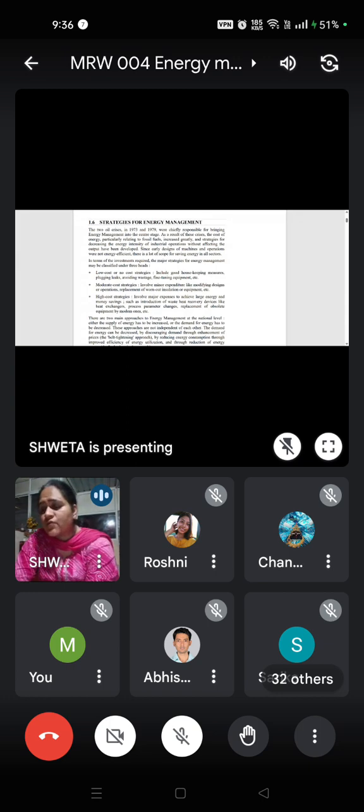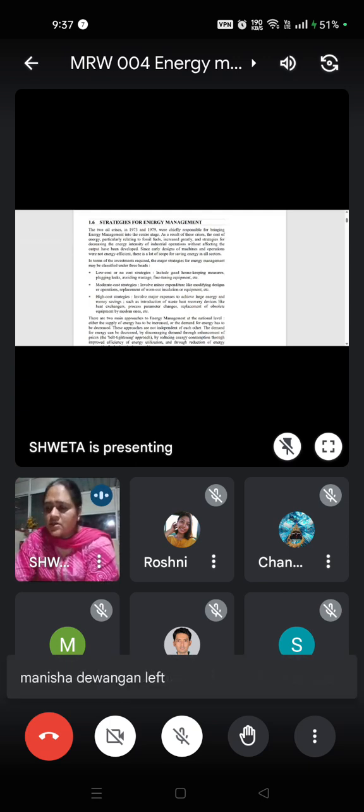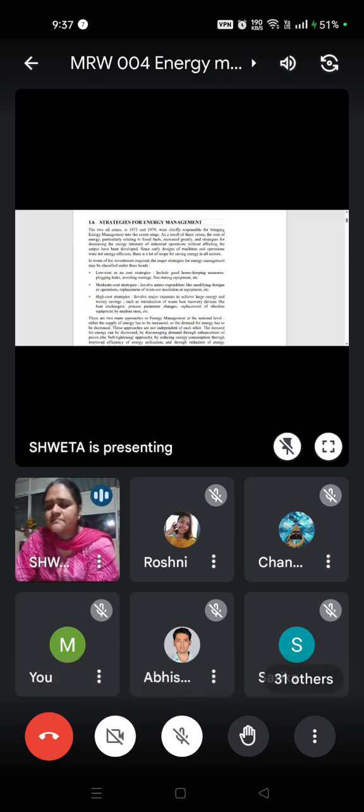For example, we will go for cogeneration, we will utilize waste heat recovery devices. We will switch over to renewable energy resources, like installing solar PV, or adopting biomass or making a gasifier. We can go for the hybrid mode of energy production as well. So these are the strategies that we need for energy management.